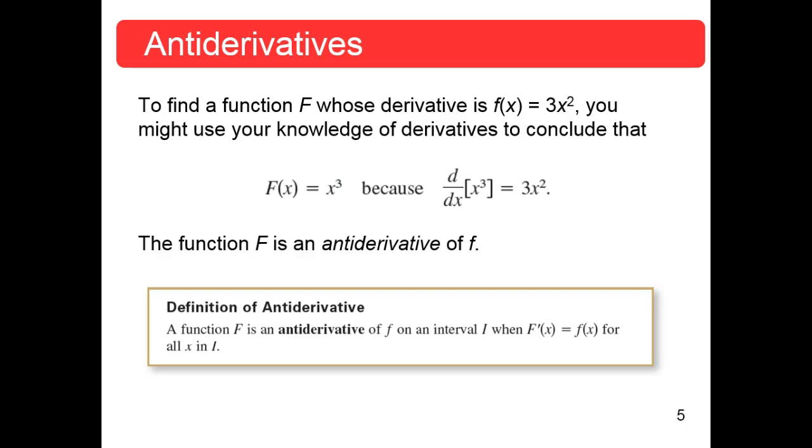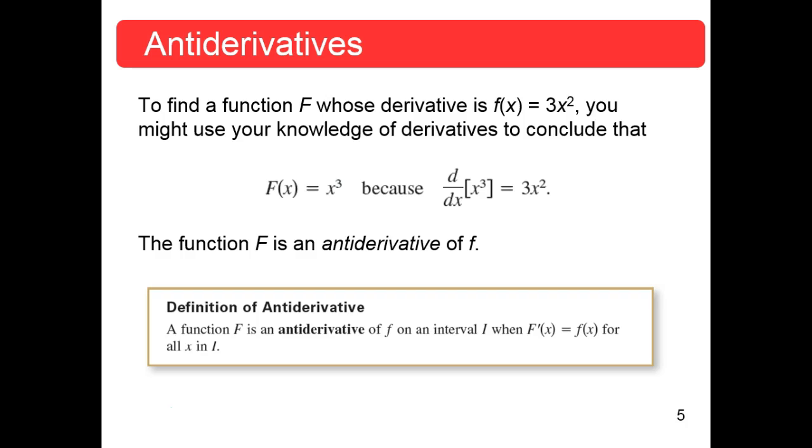This is their standard notation. I never have really liked it, but it's fine. To find a function capital F whose derivative is little f, and little f is 3x squared. We want some capital F such that capital F prime is equal to little f. You might use your knowledge of derivatives.